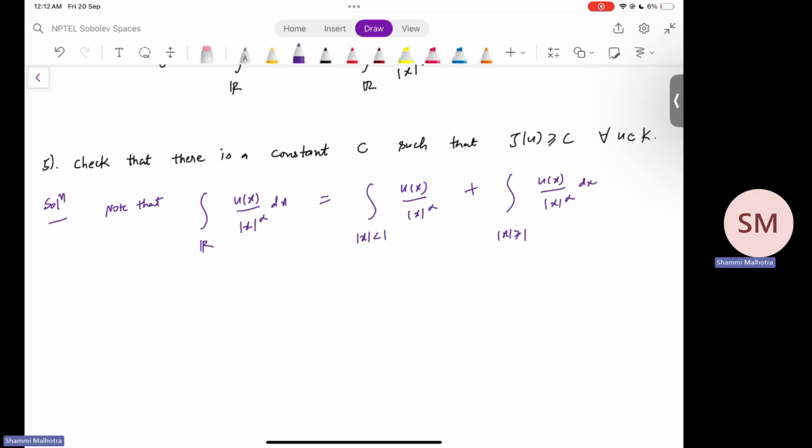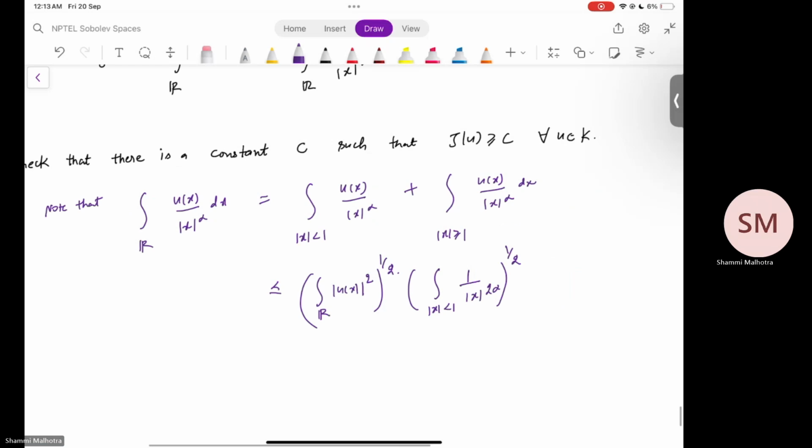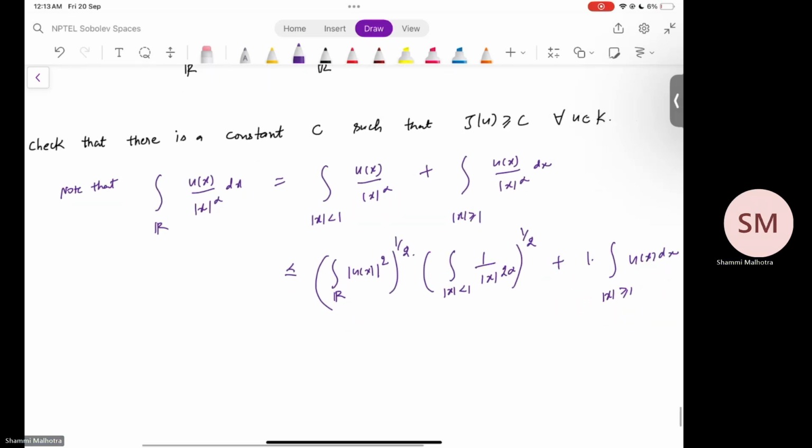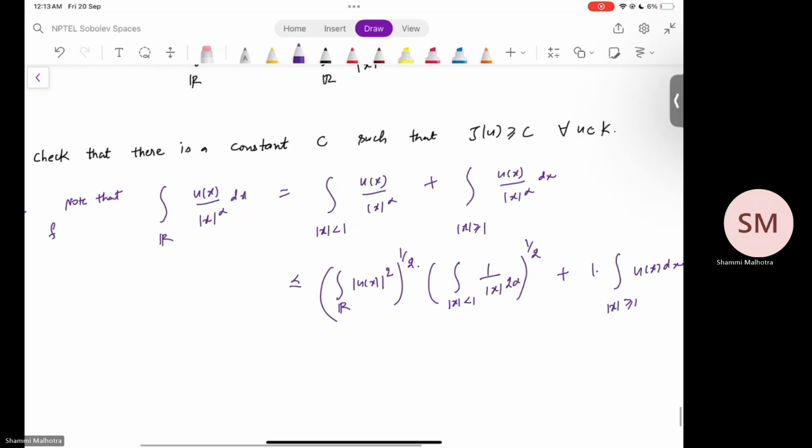And then we can apply Hölder or Cauchy's inequality to get here the integration of |u|^2 to the power half, and then the integral over |x| less than 1 of 1 upon |x|^{2α} to the power half, which can be less than 1, and then the integration over |x| greater than or equal to 1 of u dx, for u belonging to K.